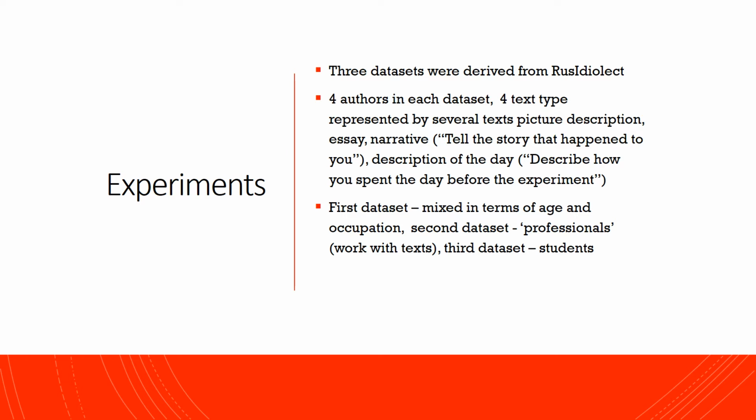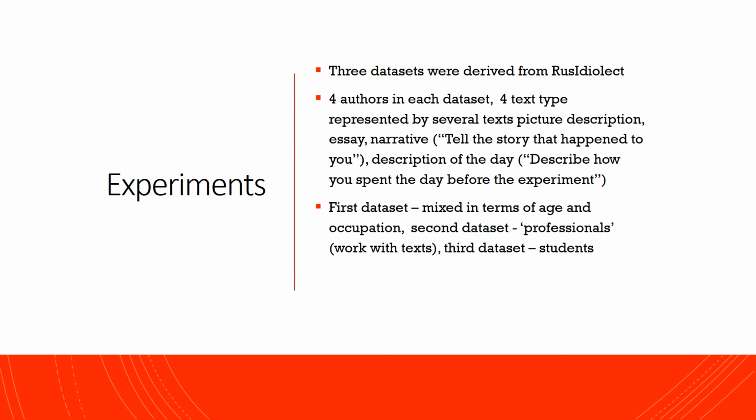The first dataset included the texts of 2 authors who are similar in age, education, and occupation, so those professionally working with texts, translators, and 2 authors of the same age group, whose professional activity is not related to texts. This dataset contains texts that differ significantly in length. We name this dataset contrasted.